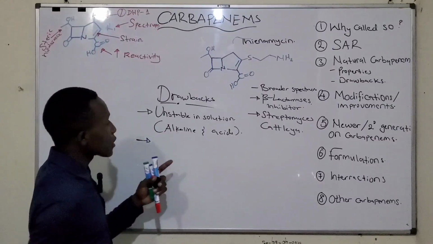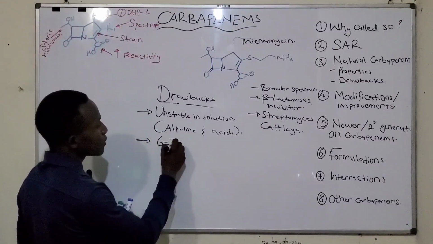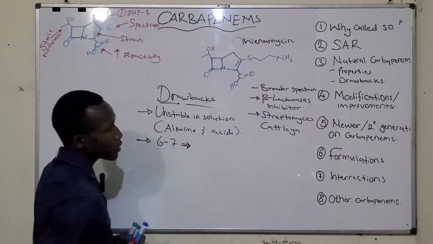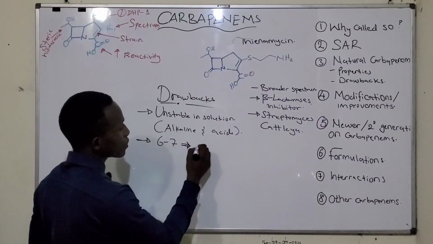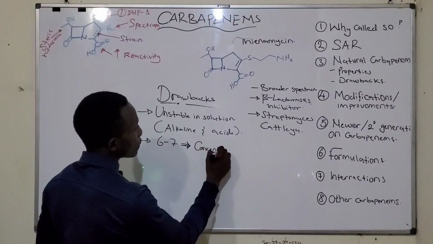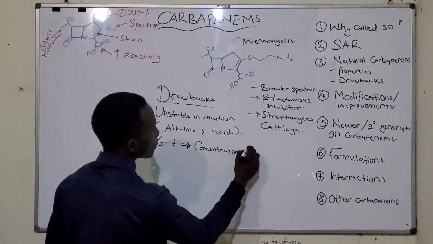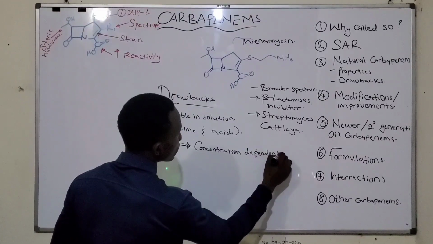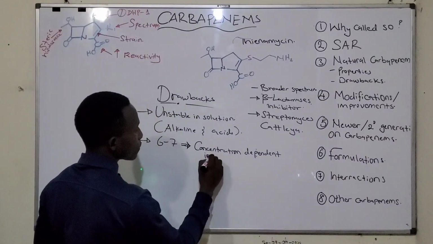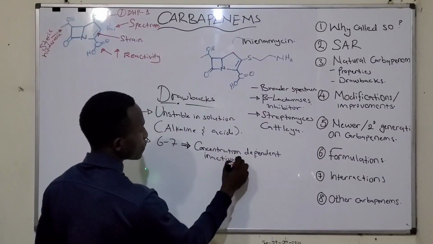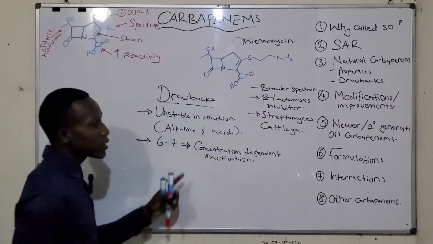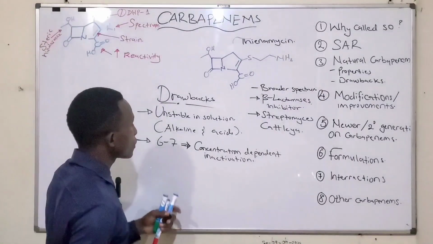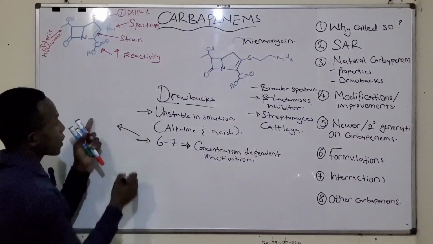Also, at its relatively stable pH, around 6 to 7, this carbapenem undergoes concentration-dependent destruction or inactivation. It is inactivated at higher concentration at 6 to 7, which is its relatively stable pH. We are going to see this mechanism here.